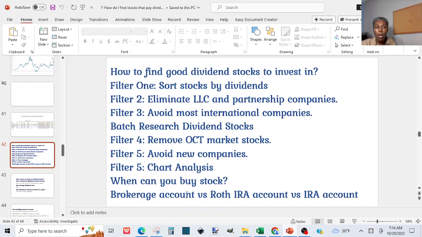So now let's talk a little bit about the brokerage account. When you are investing with the goal of generating income through dividend stocks, I prefer a brokerage account over a Roth IRA and IRA.